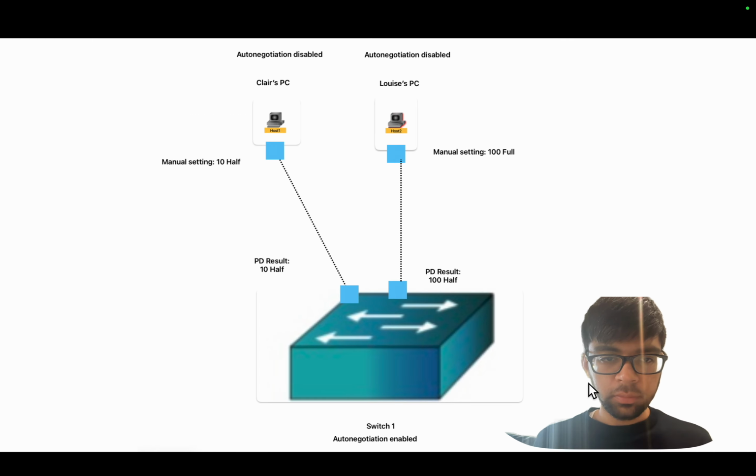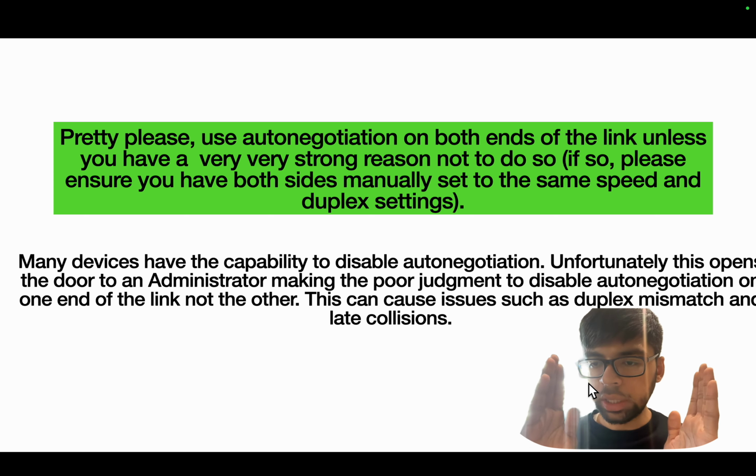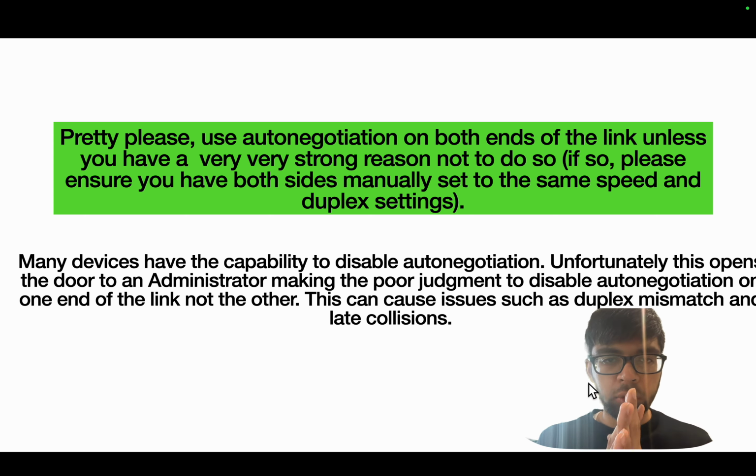Now, I won't get too much into those examples now. This is best practice: auto negotiation enabled on both ends of the link, or if you have a strong reason not to do so, fine, but just make sure that both sides have the same speed and duplex settings configured.